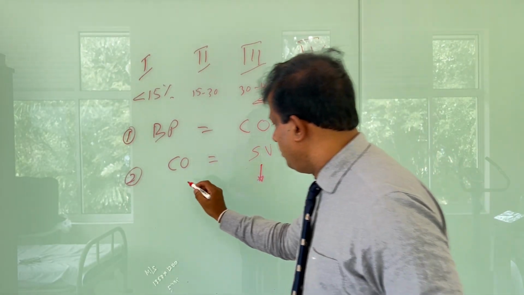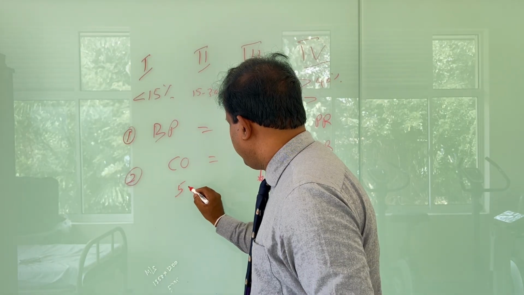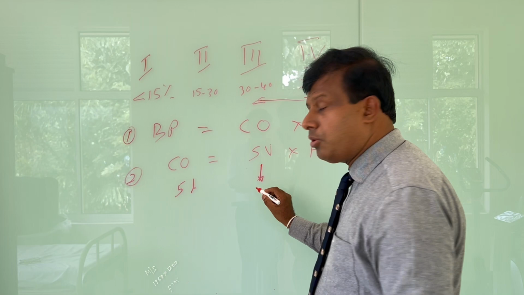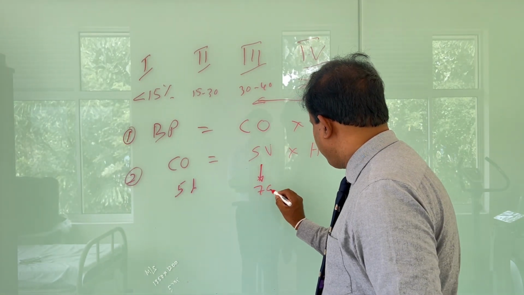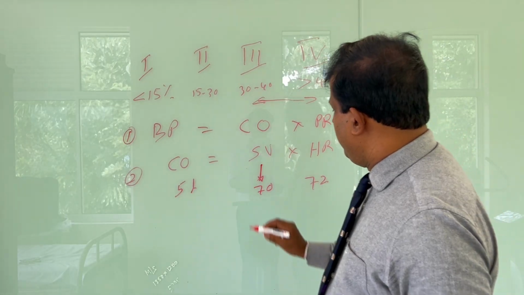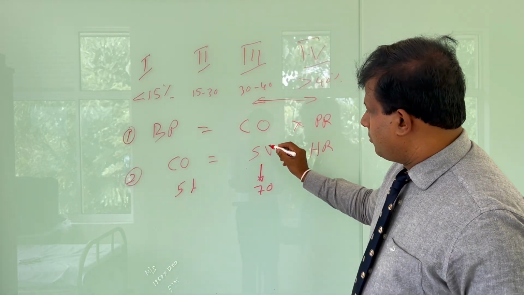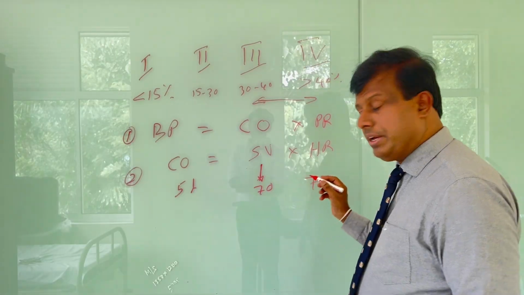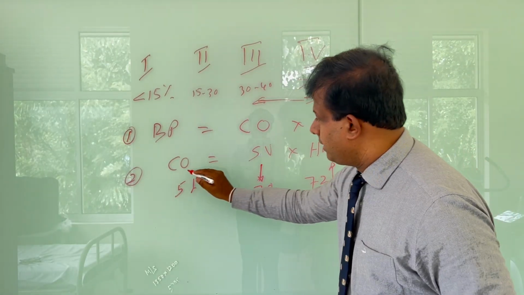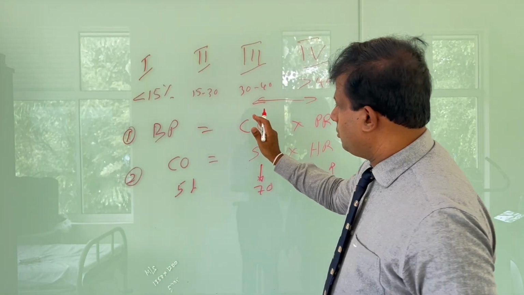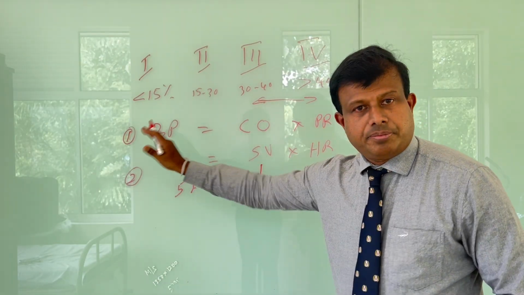In fact, we know in a normal adult, the cardiac output is about 5 liters, stroke volume is about 70, and heart rate is about 72. So class 1 shock, when the stroke volume drops, the physiological mechanism somehow increases the heart rate and maintains the cardiac output. By that, the cardiac output is maintained, the blood pressure is maintained.